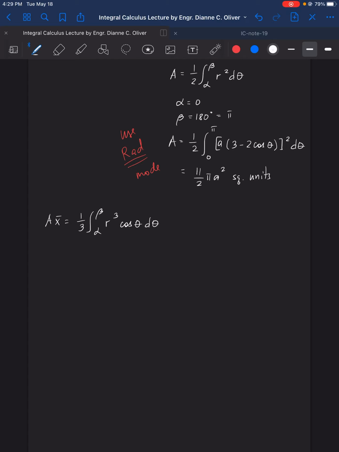We were able to get the value for area as 11 over 2 pi a squared. So x bar is equal to 1/3 integral of the radius a(3 minus 2 cosine theta) raised to 3, then cosine theta d theta. Alpha is 0, beta is pi.